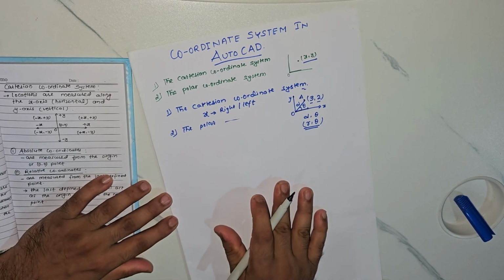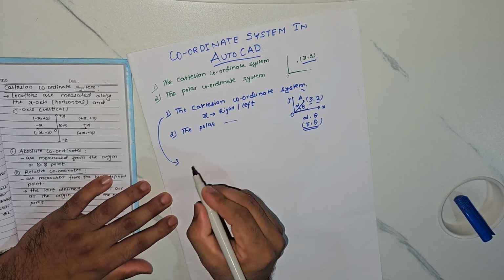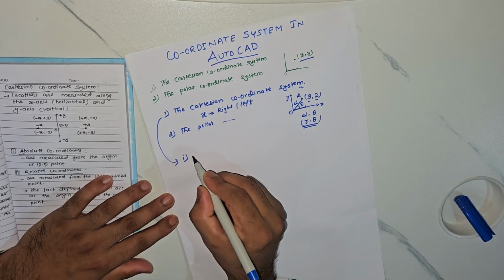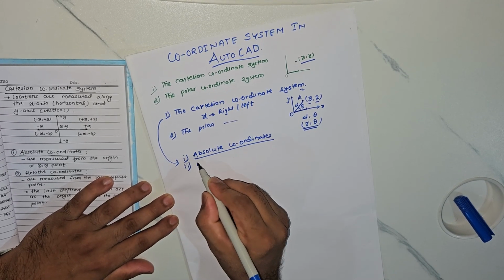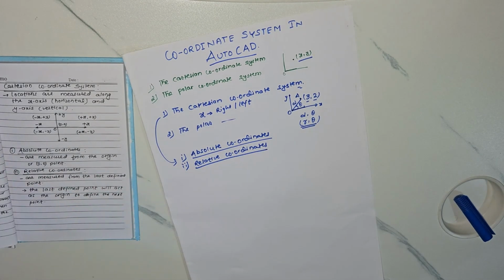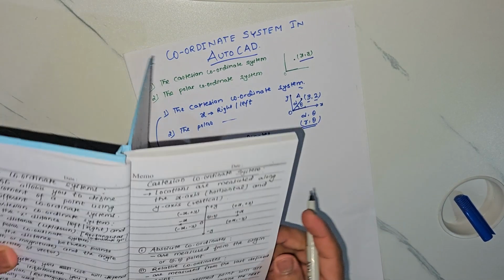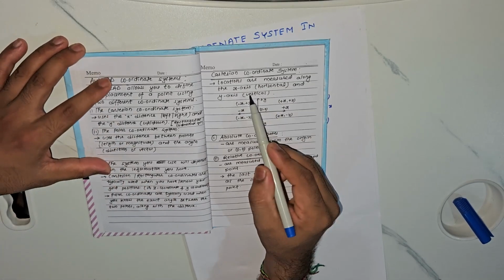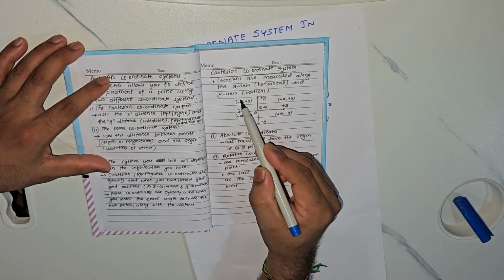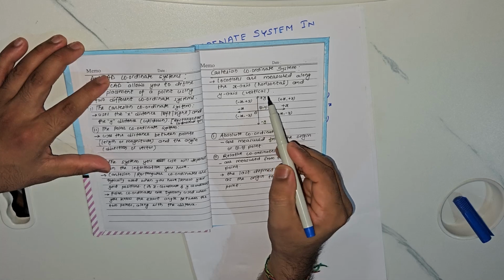And in the Cartesian coordinate system we again have two more varieties. Number one, absolute coordinates, and number two, relative coordinates. So we will see the example one by one. In the Cartesian coordinate system, locations are measured along the x-axis, that is horizontal distance, and along the y-axis, that is vertical distance.